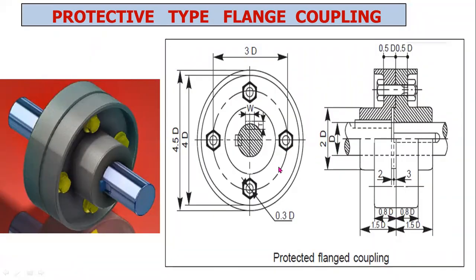Now this is the cross-sectional view of a protector type of flange coupling. This is the side view. This is the front view. These are important. This is the important one from the exam point of view.